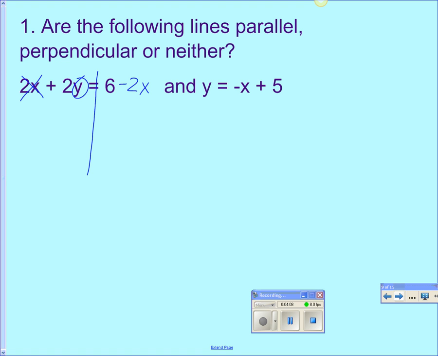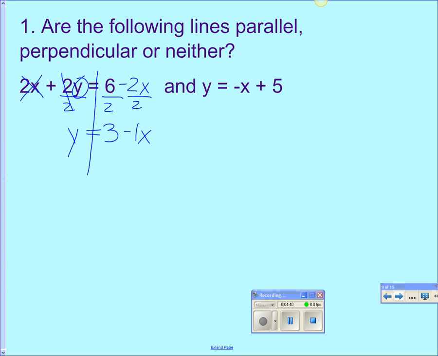Gavin, that's your warning. I don't care. You got to get rid of this 2. How can you get rid of this 2? All right, so I get Y equals. Sarah, what would my Y equals be on this one? Positive or negative? So negative 1x. Okay. This one is already in Y equals form, so we don't need to do any work to it.